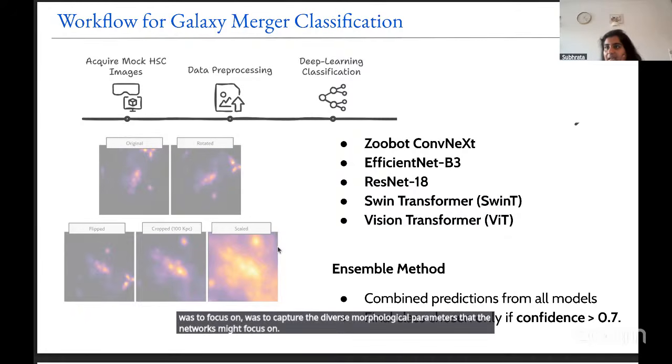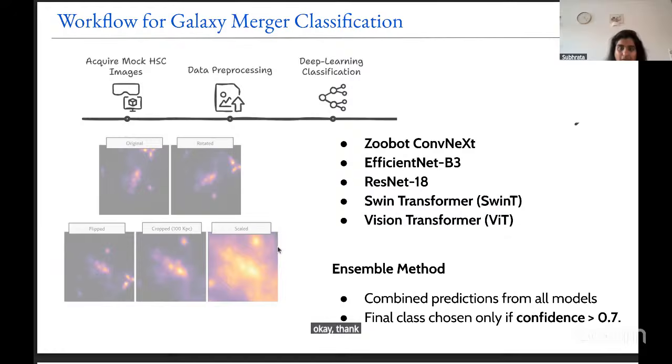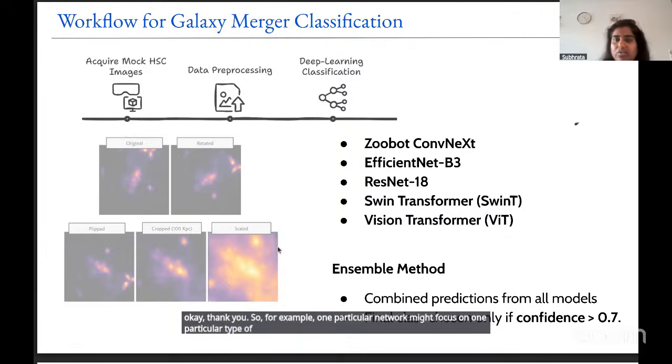For example, one particular network might focus on one particular type of morphology only. So the whole point of using a diverse network system is to get an overall estimation of how classifications are done. This is the ensemble method.